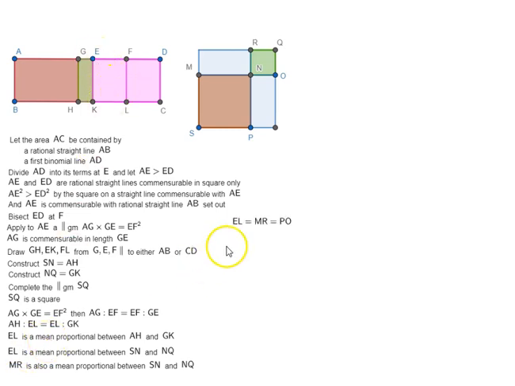So here EL is equal to MR equal to PO. AH plus GK is equal to SN plus NQ, and EL is equal to MR, and since MR is equal to PO and EL is equal to FC, because F is the midpoint, we can say this is equal to this and this is equal to this.